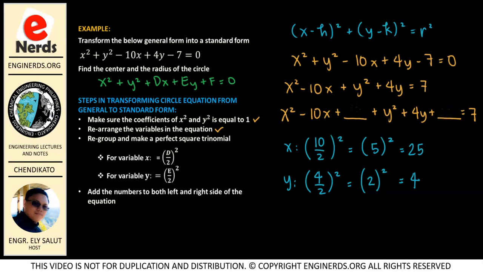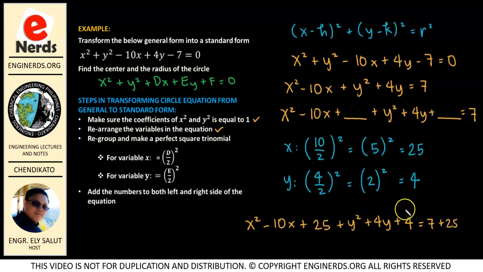Okay, so instead, let me write it here. So, we have x squared minus 10x, okay, plus, at ano yung value ng ating constant sa x? 25. Okay? Then, plus y squared, plus 4y, plus, ano yung value ng ating constant sa y? It is equal to 4. Is equal to, we have 7 sa right side ng ating equation, but since nag-add tayo dito ng 25, we're going to add 25 here also.